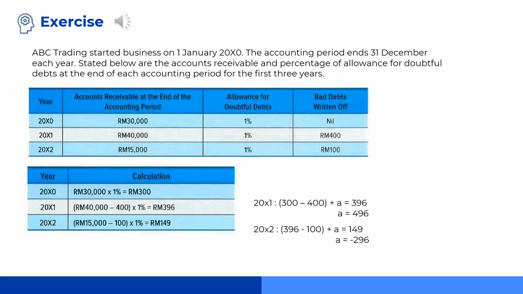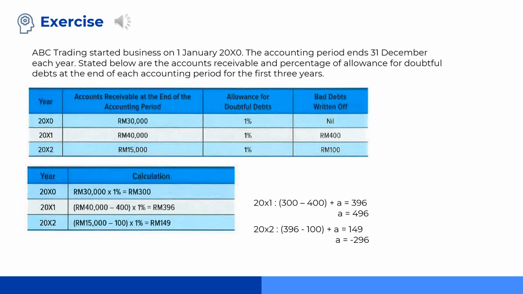So how do we calculate the balance c/d of the allowance for doubtful debts account? We take 30,000 first for 20X0, the accounts receivable at the end of the accounting period, times 1%, simply because there is no bad debt written off. So we get 300 for the balance c/d. And then for 20X1, the accounts receivable is 40,000.